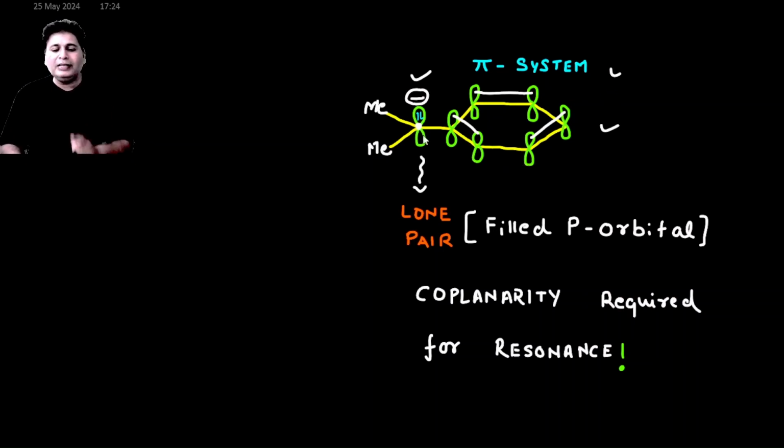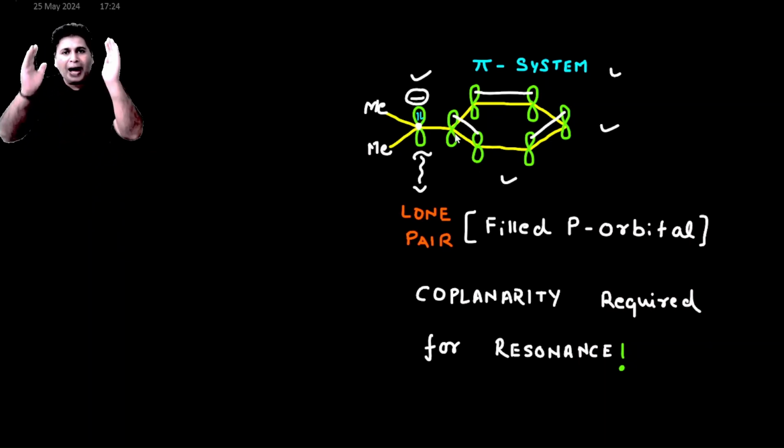Now under what condition is this minus charge going to get delocalized in the ring through resonance, through conjugation? The carbon which has the minus charge has a lone pair, and this orbital which bears those 2 electrons must be parallel to the 6 p orbitals, which include the 6 pi electrons.